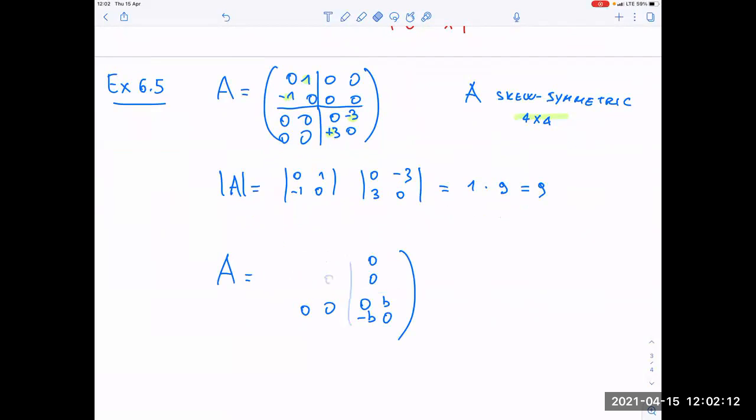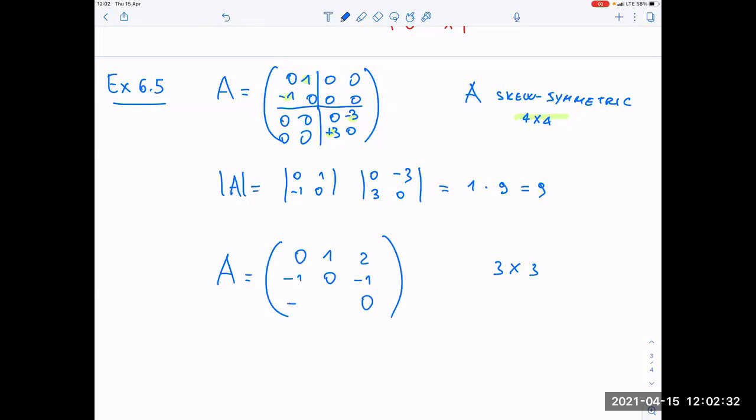Let's do 3 by 3 because we want odd. So I know for skew symmetric, I have to put zeros on the diagonal. And then I can put what I prefer outside the diagonal. So something like this.